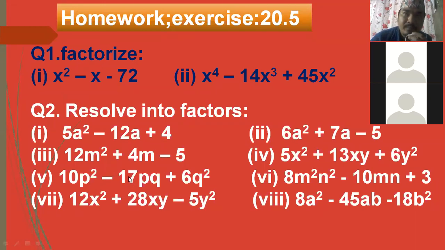Then it will be 12 plus 5 is 17, and 12 into 5 is 60. And in question number VI, what will you do? 8 into 3 is 24 and we will get this 10.